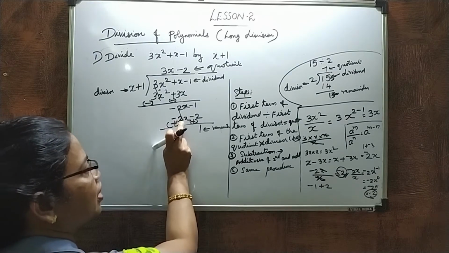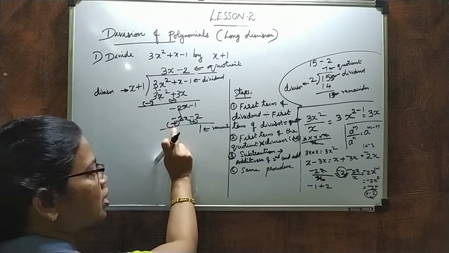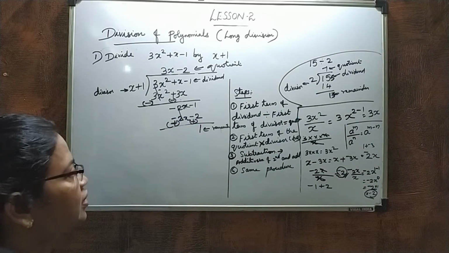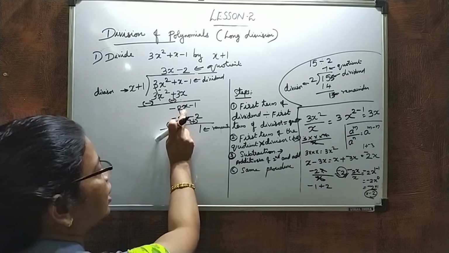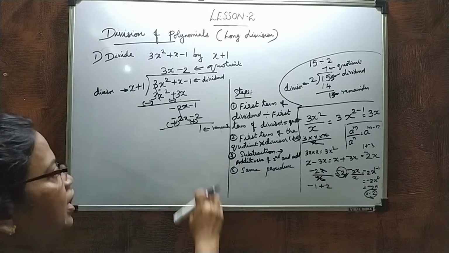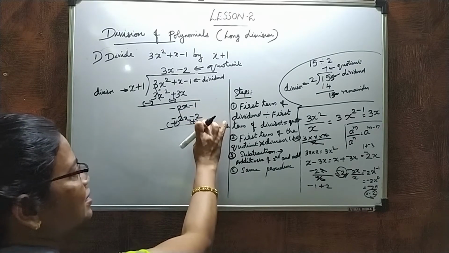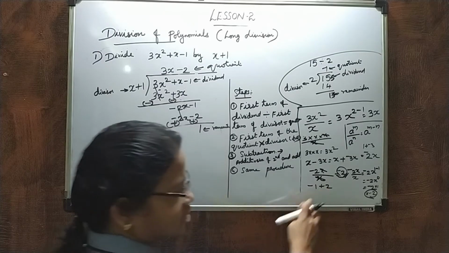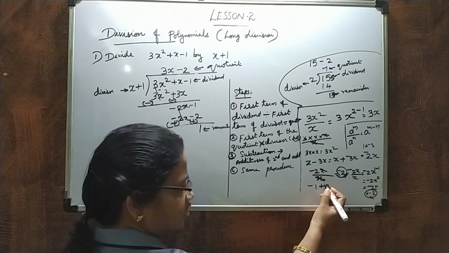Take the additive inverse of negative 2x, positive 2x, negative 2 become positive 2. Then add. Here it is negative 2x plus positive 2x, it will be cancelling. Negative 1 plus positive 2. Here positive is there.